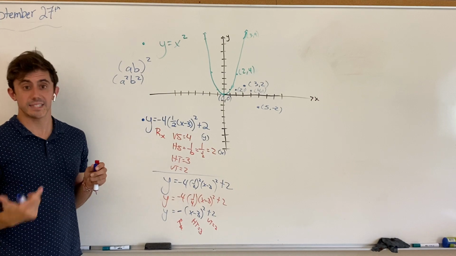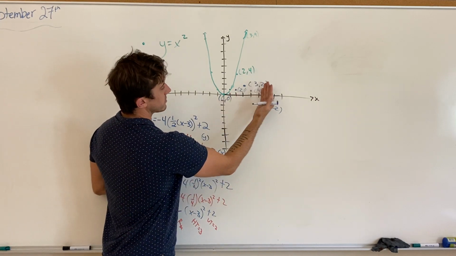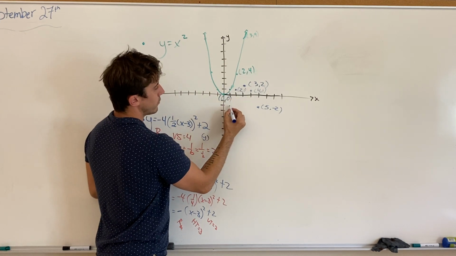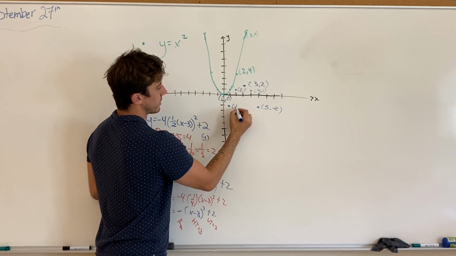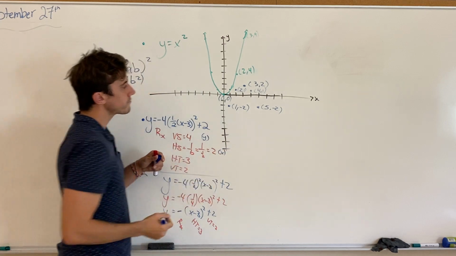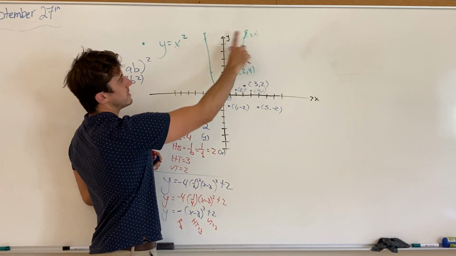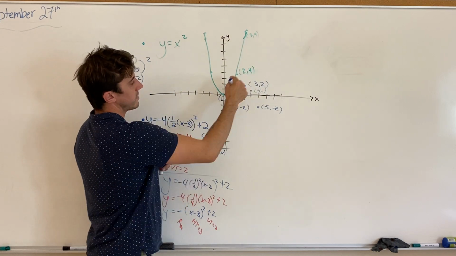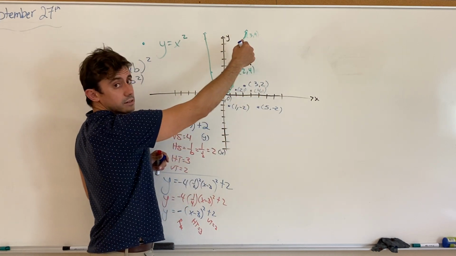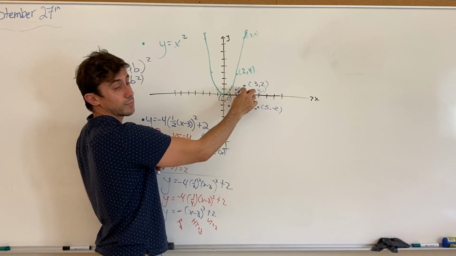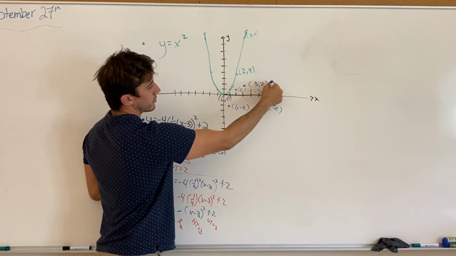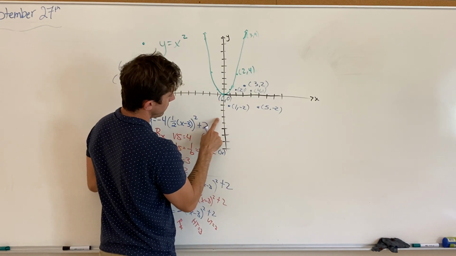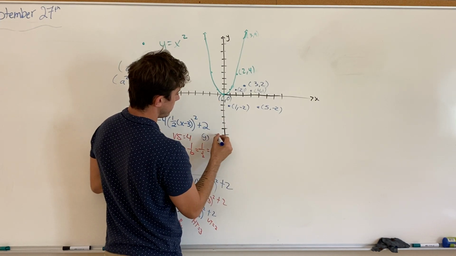And we can make a similar argument of symmetry. On the other side of the vertex, we can go over 2 to the left and down 4 to bring us to (1, -2). And then finally, we have these points up here at +3, -3, 9. And so that means over 3, up 9, with our initial vertex in place, opening downwards, over 3, down 9, brings us to (6, -7).